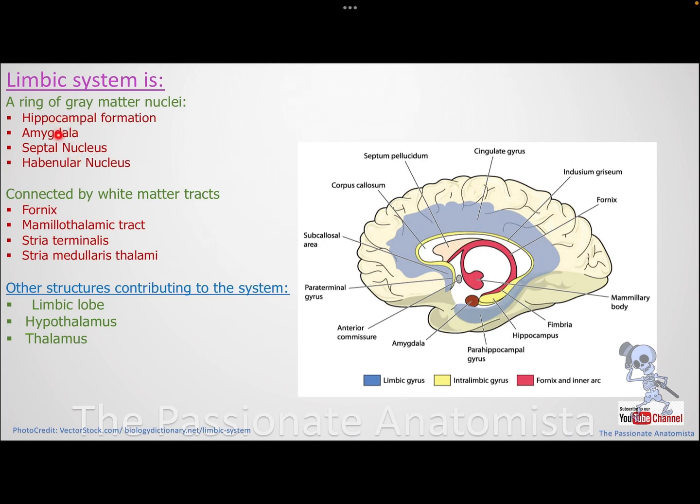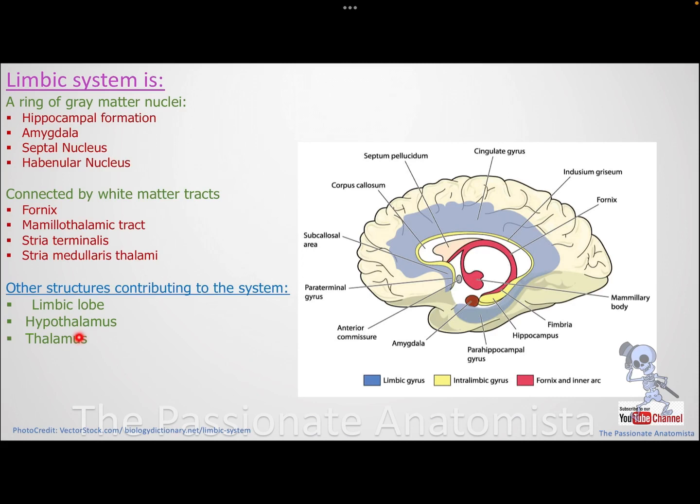But because we need to use them to register the memory, we need to have connections. So these are the things that will help you to connect the nuclei of the limbic system to register the memory, the information. And also these will help you to project that information outside of the gray matter collections, like for the limbic lobe, for the hypothalamus and thalamus.